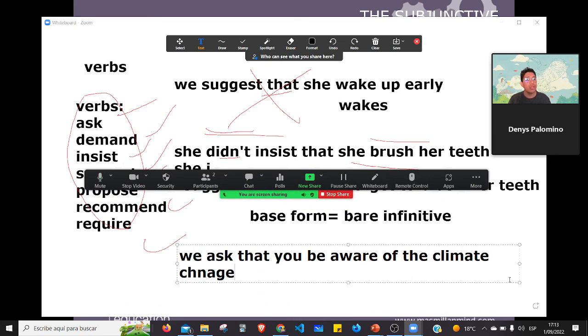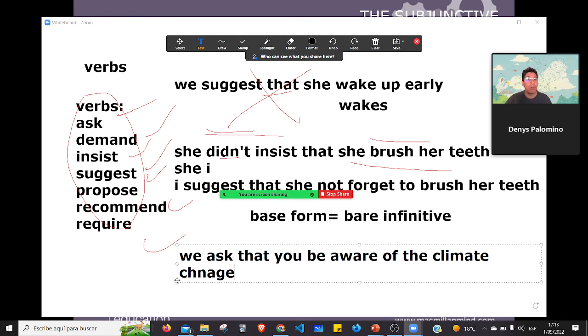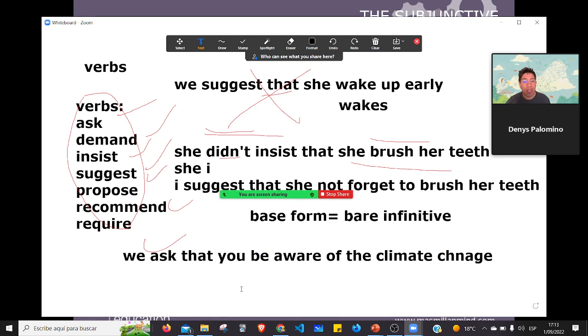Mira, nosotros pedimos de que tú seas más consciente del cambio climático. Si yo le pongo you are, nosotros pedimos que tú eres consciente del cambio climático. Cambio climático, no tiene sentido, ¿no? Nosotros pedimos que tú seas. Este seas es el subjunctive. Es por eso que tengo que usar el verbo en bare infinitive o en su forma base, como lo quieras llamar. Esa es la diferencia, ¿vale?